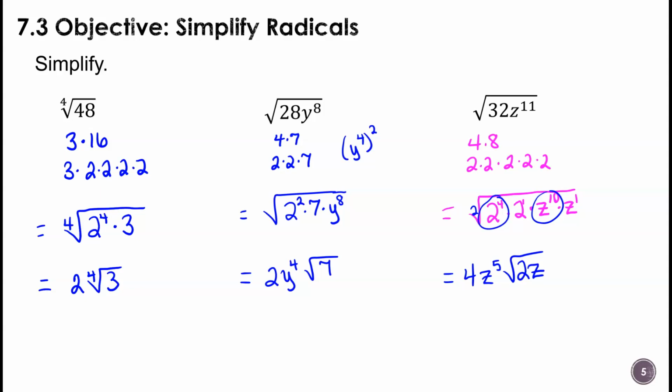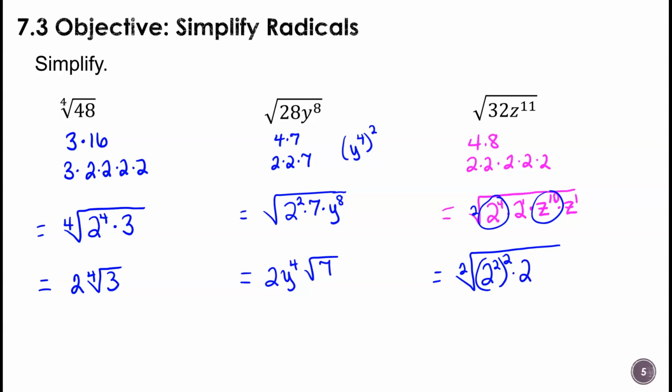All right, and so if you want to group these in such a way that you're showing the 2, let me erase this and write this out in a different way too. So I could have written this as, right, the square root of 2 squared to the second power. So everything I can write to the second power is what comes out.